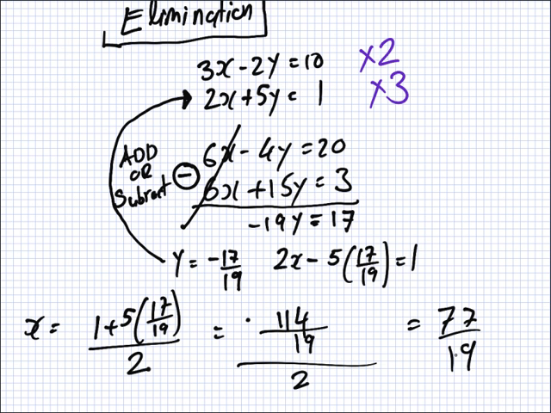Why did I say 77? 57 over 19. 104. This is 52 over 19. No. 104. Oh, 104 over 19. So this is 52 over 19. Yeah. Okay, I believe you.